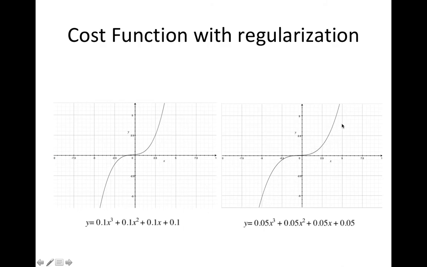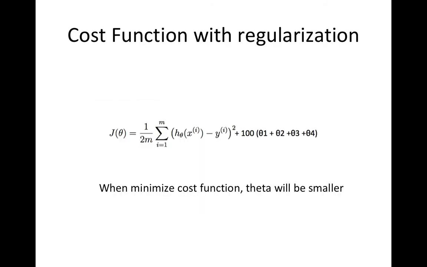You can see the gradient of this line is less than the gradient of the original function. So since the gradient is less than the original one, the variance is less than the original one. So by giving a smaller coefficient, you can get a smoother line on this regression.